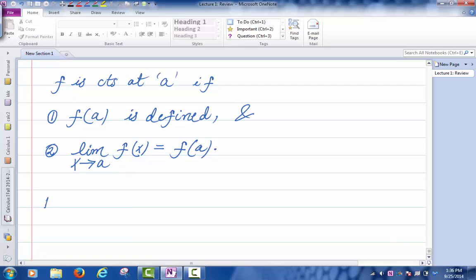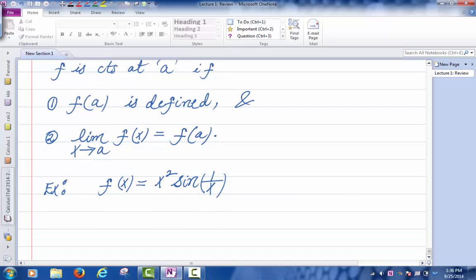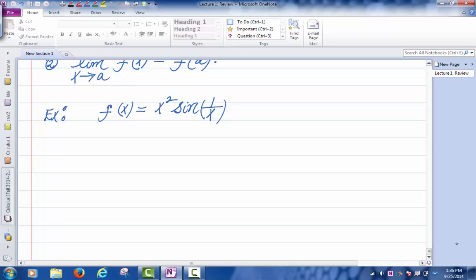Okay. Let's look at an example. Let's say I have the function f of x, which is equal to x squared multiplied by sine of 1 over x.